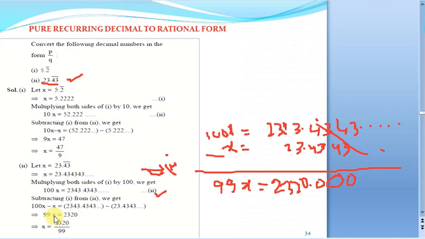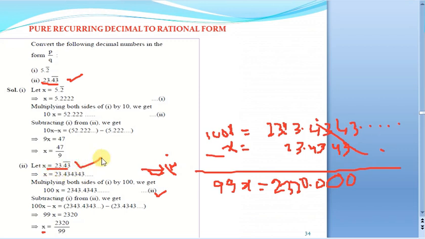Now we want only x, just bring this particular 99 this side, or you divide with 99 on both sides. Whatever is handy for you, you can do that, and you will get x is equal to 2320 divided by 99. So this is already in the simplest form. Why? Because there are no common factors for the numerator and denominator, and this x is what we have assumed, this particular thing.